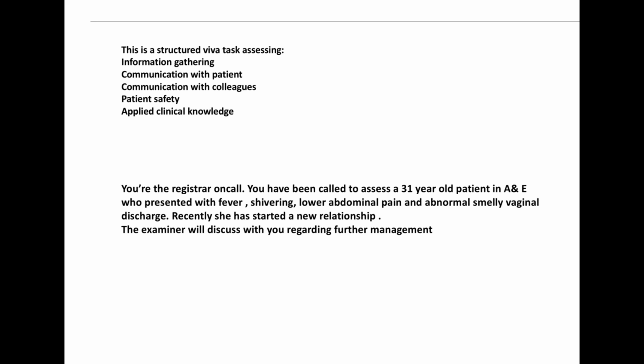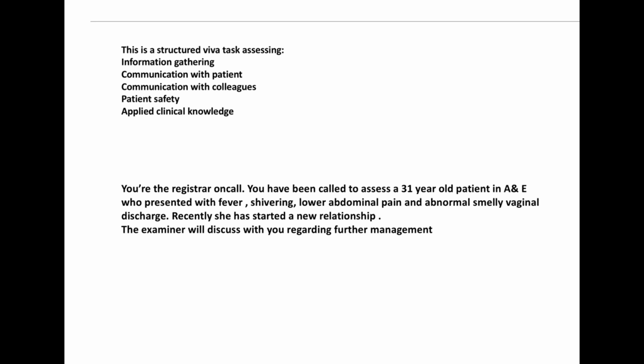Or if she's getting any signs of peritonitis, which are abdominal tenderness, rigidity, and rebound tenderness. These are the signs of peritonitis. We can't send her home. So if any of these signs are there, we need to keep the patient in, and we need to arrange an ultrasound scan for her.